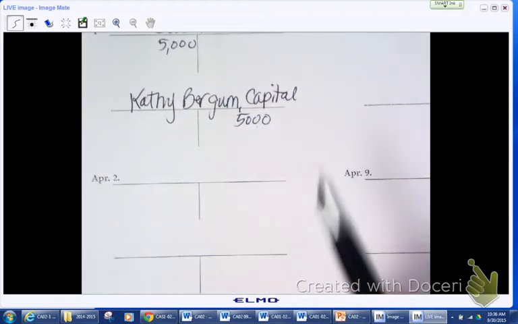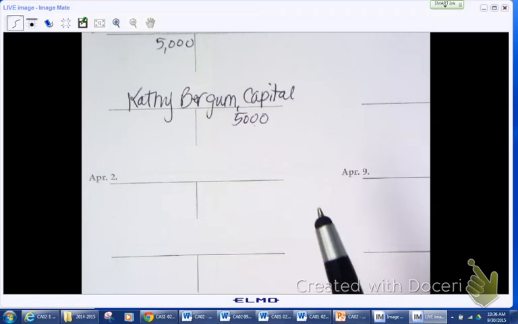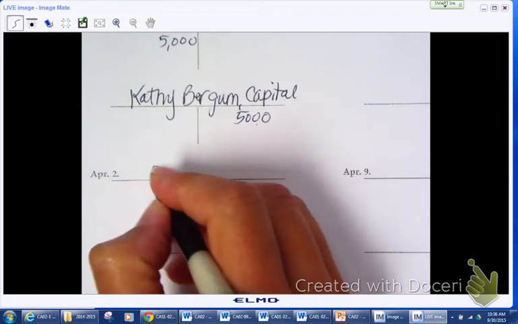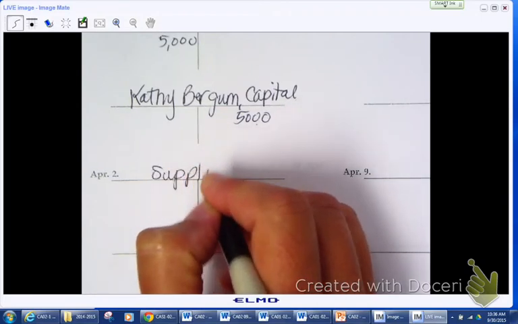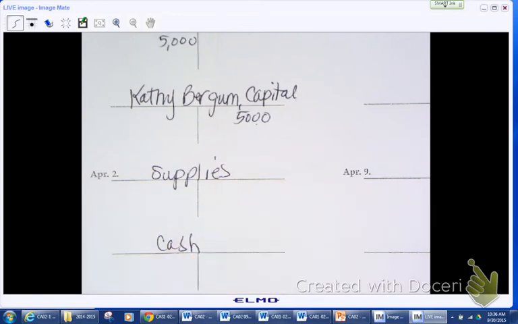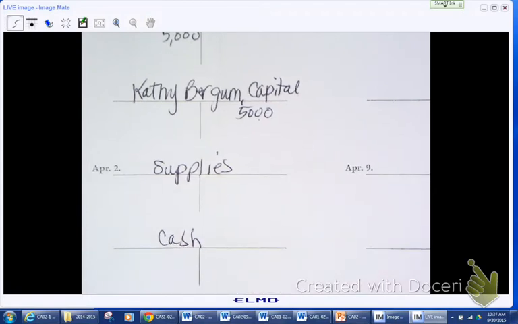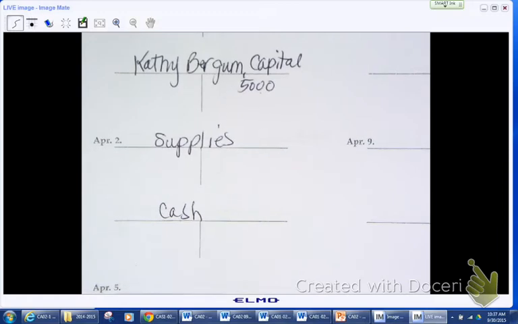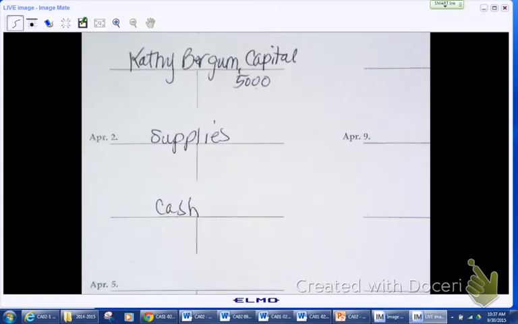On April 2nd, we paid cash for supplies. What are my two accounts that are affected? I've got my supplies account and my cash account. What types of accounts are these? These are both asset accounts. So immediately, I must be thinking that one account is going to be increased and one account is going to be decreased because they're on the same side of the accounting equation.